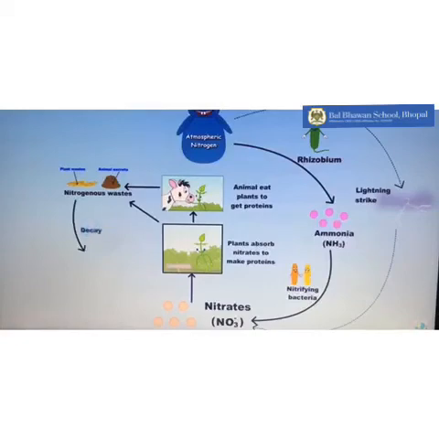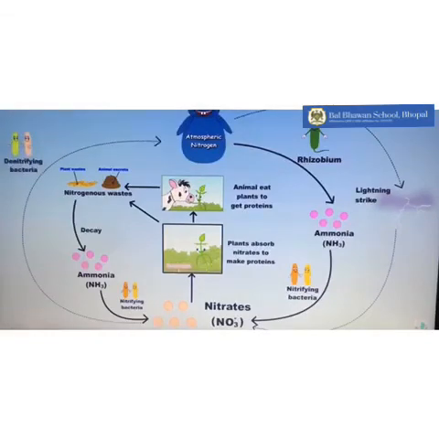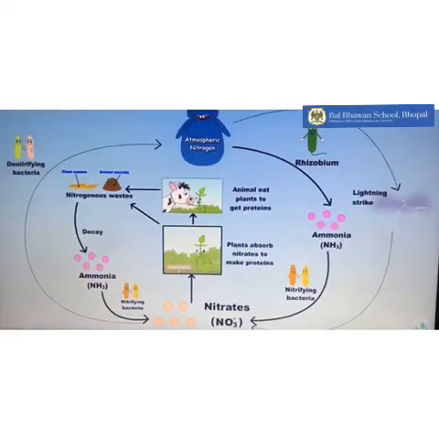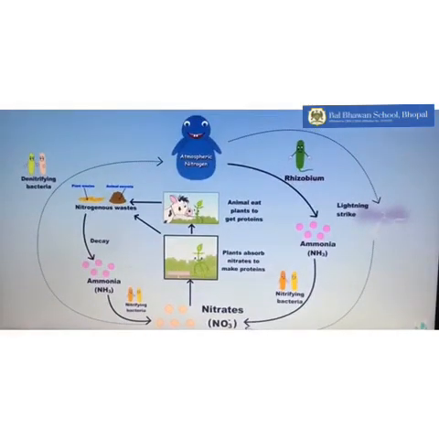Now, animal waste and plant waste gets converted into ammonia by decomposing bacteria and fungus. And this ammonia or the nitrates get converted back into atmospheric nitrogen by denitrifying bacteria. This cycle is known as the nitrogen cycle.